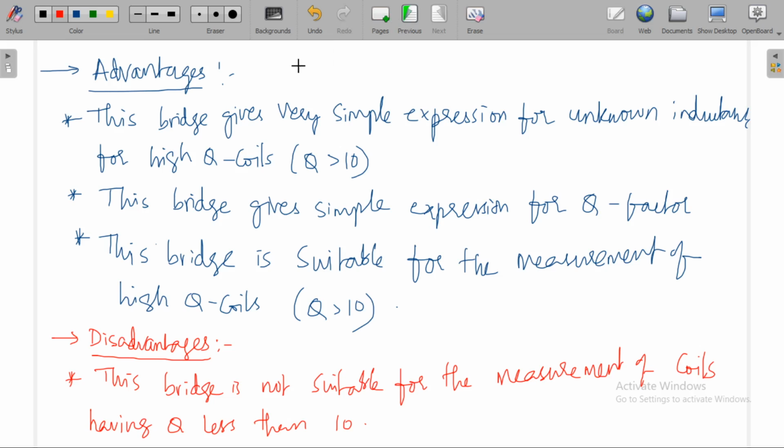Coming to the phasor diagram. Finally, Hay's bridge is suitable for the measurement of high Q coils, that is Q greater than 10.